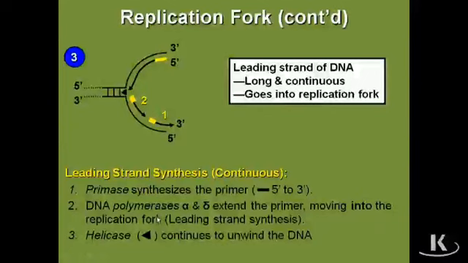And then in eukaryotes, there's polymerase alpha and delta, which are going to extend this in the 5' to 3' direction, moving into the replication fork. And lastly, helicase will continue to unwind the double-stranded DNA here at the fork.